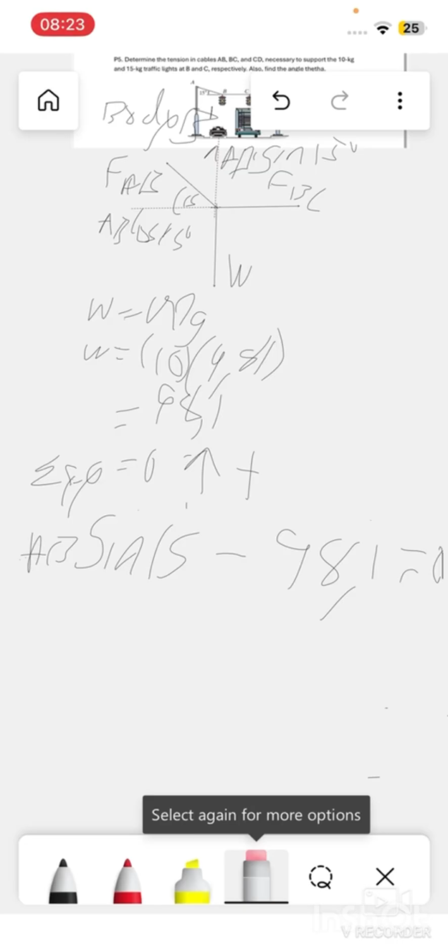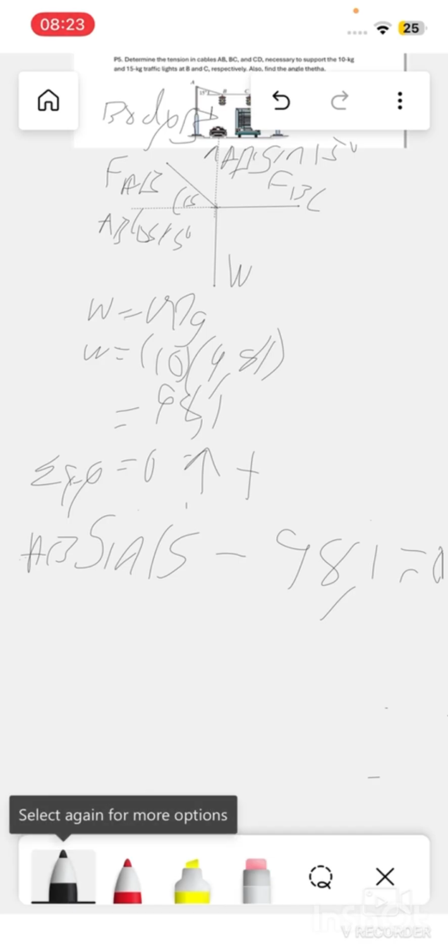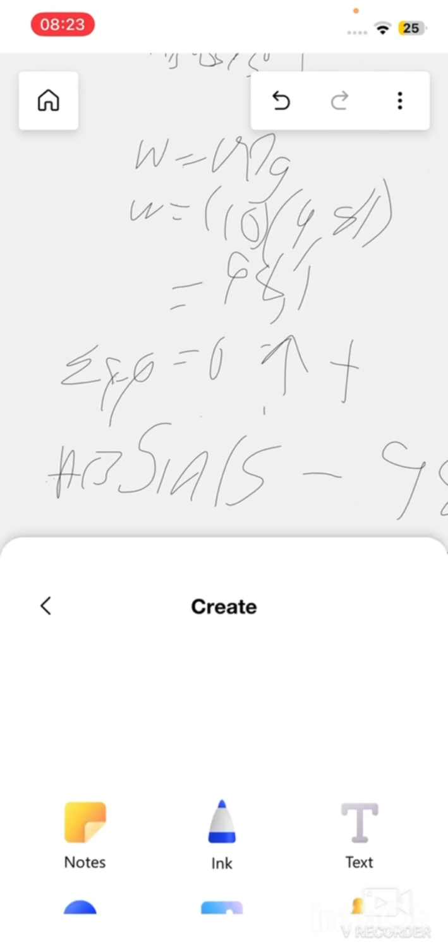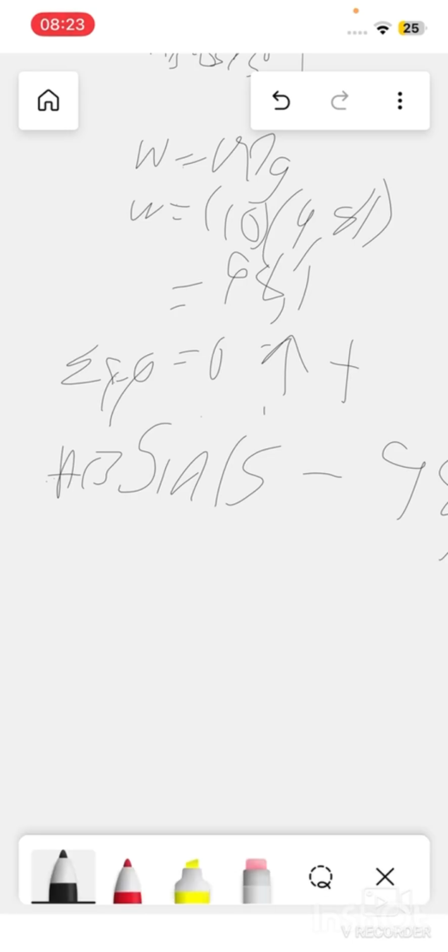Therefore, we can get our AB. We transpose the 98.1, and we divide both sides by sine 15.